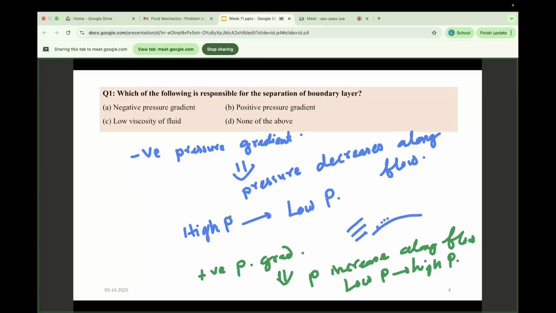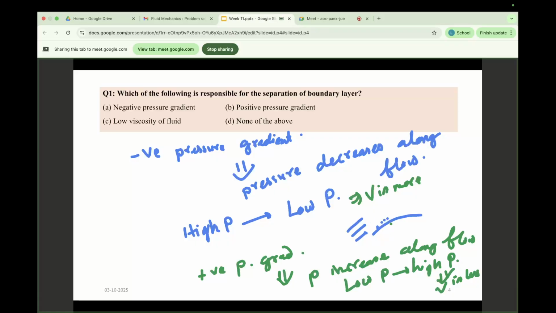Here, as it is moving from high pressure to low pressure, the velocity will be more. But here, as it is from low to high, the velocity will be less. So this fluid particle moving along the surface is moving quite slowly compared to the normal stream velocity, right?